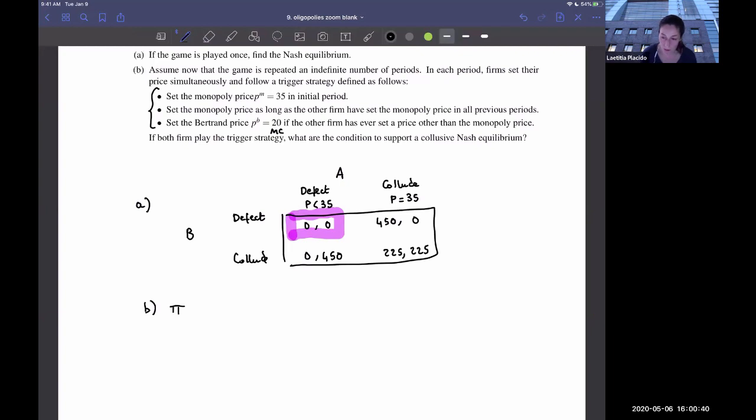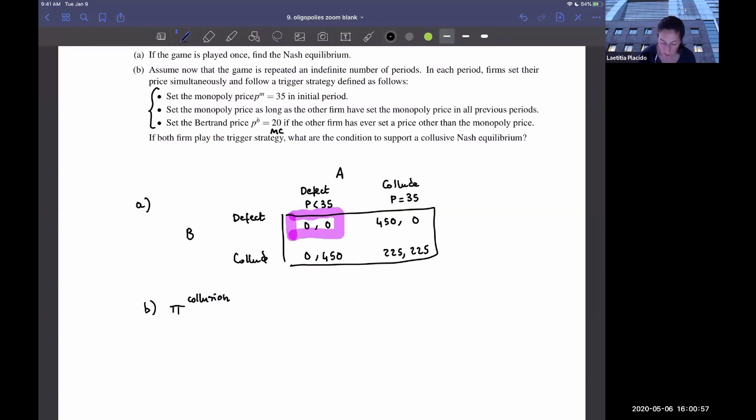First we are going to compute the intertemporal profit from collusion if the firms stick to setting the monopoly price forever.